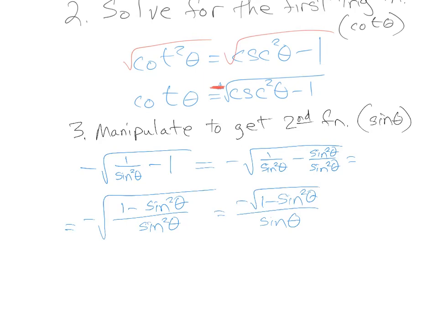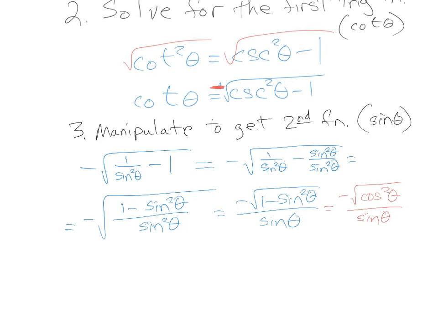But listen to my warning. You need to know when you're done, because these are circular. I can continue to manipulate this until I'm back to where I started. Watch. You don't need to write this down. If I continue, I notice that 1 minus sine squared is the same thing as the cosine squared. If you look at your Pythagorean identities at the beginning, I said cosine squared plus sine squared equals 1.